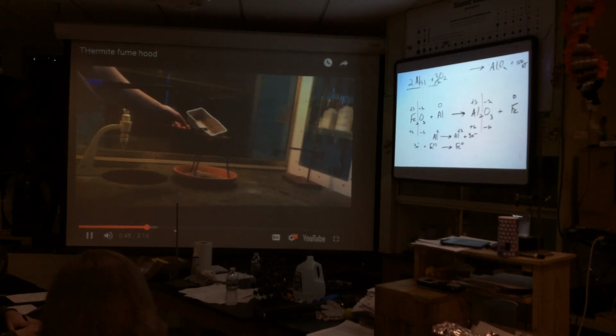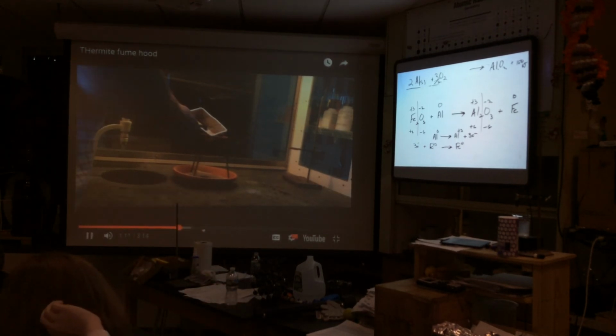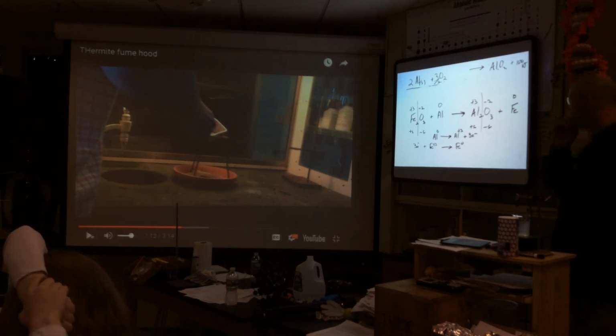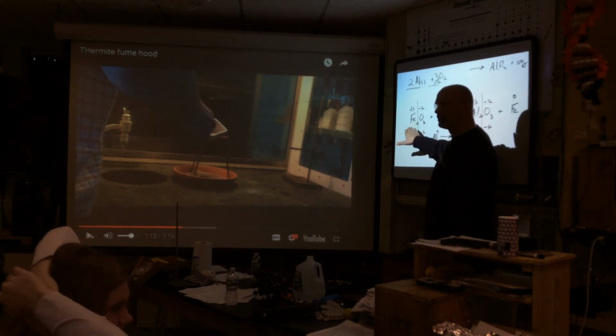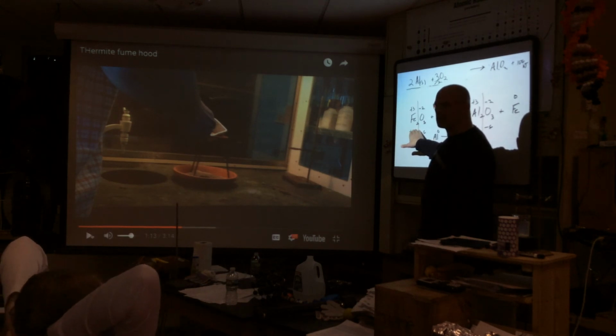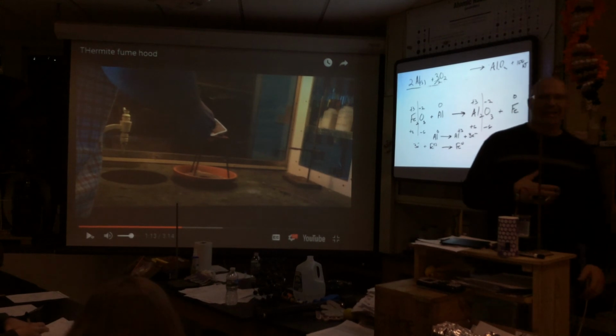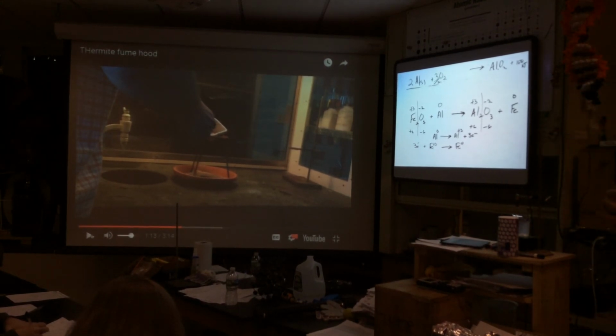So what I have here is iron oxide. So I have rust mixed with aluminum. It needs a lot of energy to start because I have iron oxide in a what? Crystalline pattern. So I have to use a special fire starter.